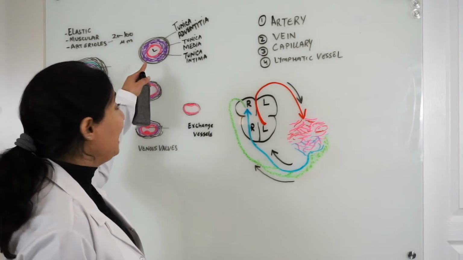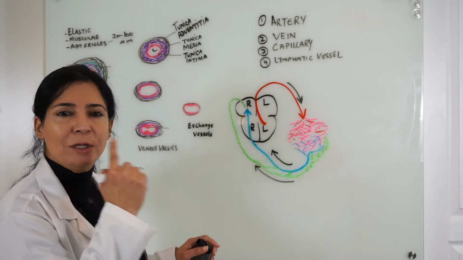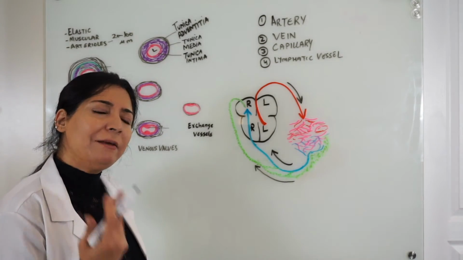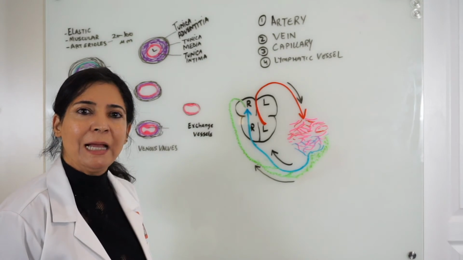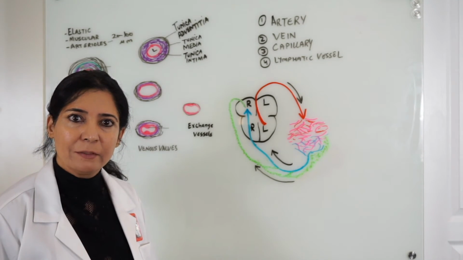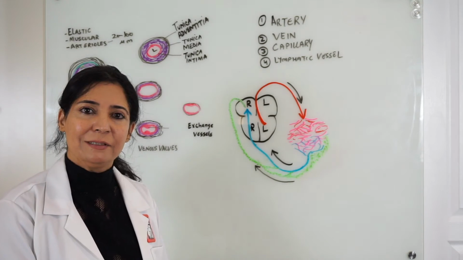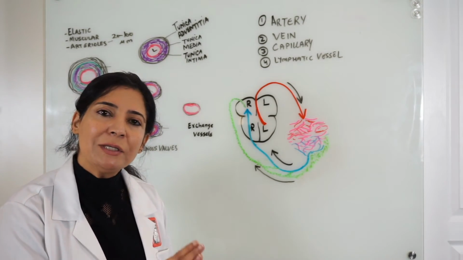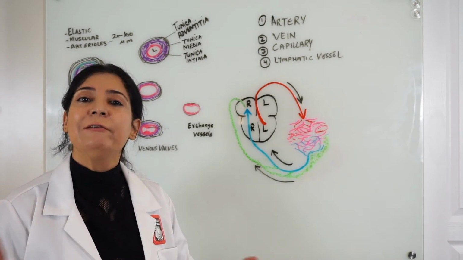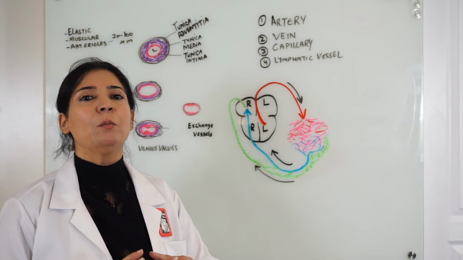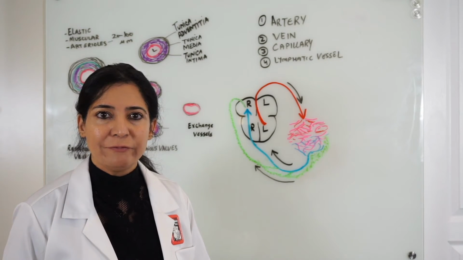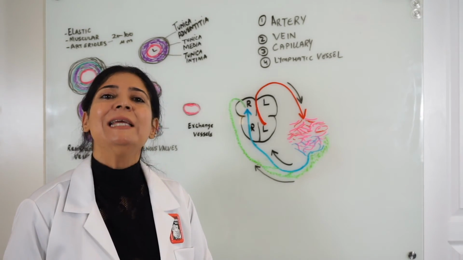Because if we keep this architecture in our mind, there must be something different in the walls of these different types of arteries. That's why we have named them differently. Because their functions are different. Region-wise, the arteries perform different functions. So their responsibilities are different. That's why their wall configuration, their structural architecture, is also different.